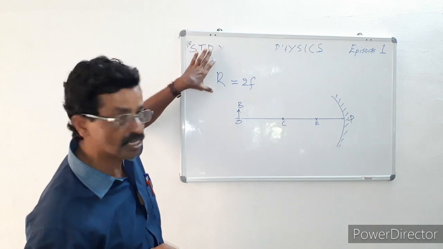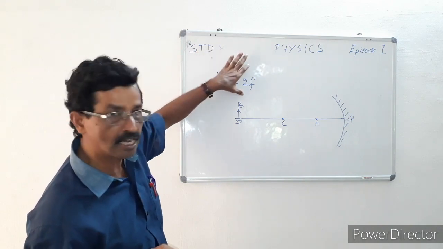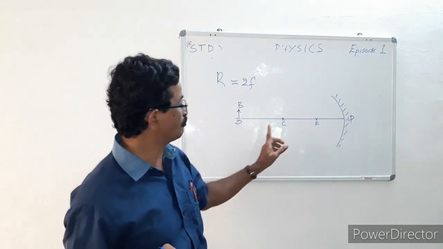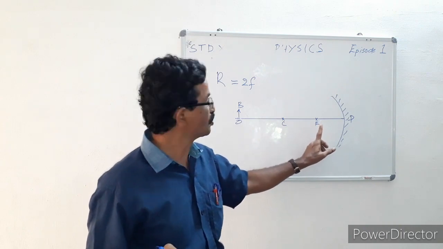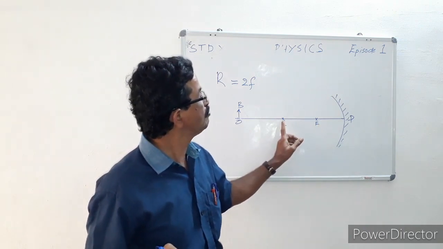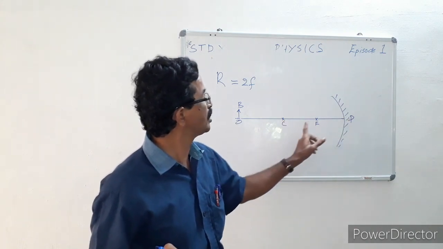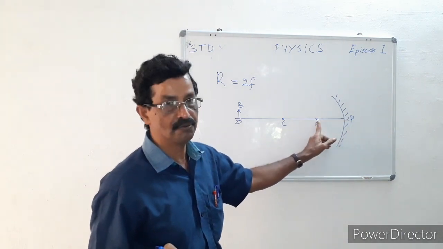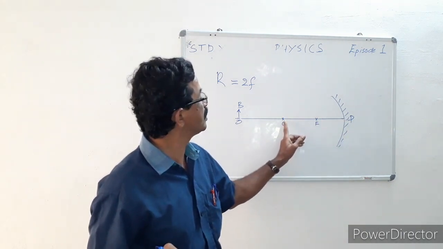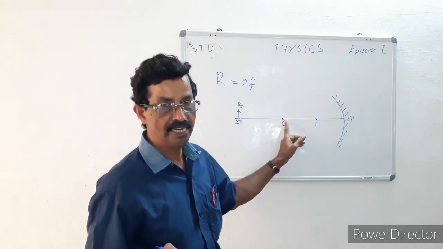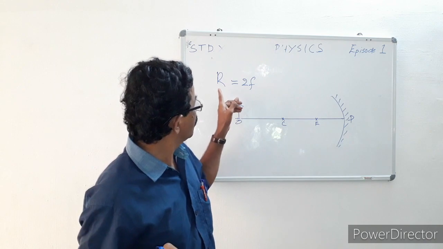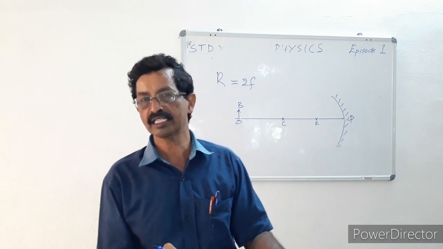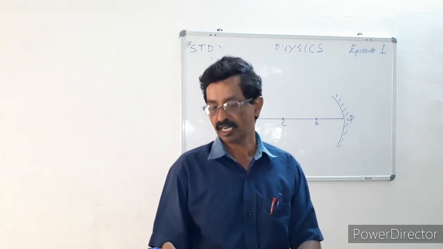That means the radius of curvature is twice the focal length, or f is equal to R by 2. That means the principal focus comes in between the pole and the center of curvature at its midpoint. That means the distance PF is equal to the distance CF. From R equals 2f we can find out focal length or radius of curvature.